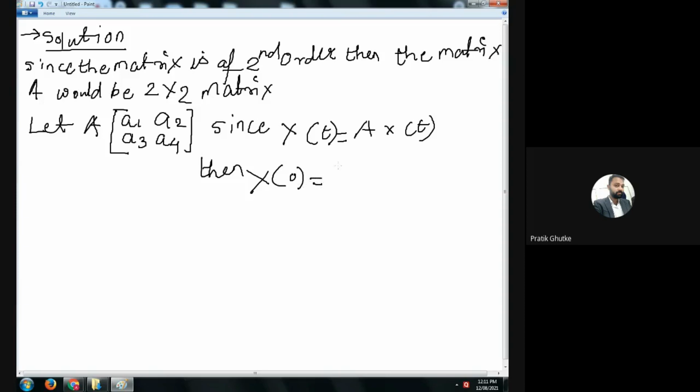What would be x of 0? A into x of 0. Where there is t, I have to replace that t with 0. So A x of 0. Have you understood? This is my initial state.